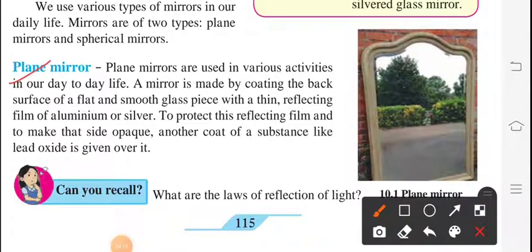First part is the plane mirror. Plane mirrors are used in various activities in our day-to-day life. A mirror is made by coating the back surface of a flat and smooth glass piece with a thin reflecting film of aluminium or silver. To protect this reflecting film and to make that side opaque, another coat of a substance like lead oxide is given over it.